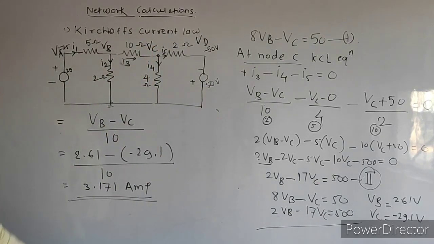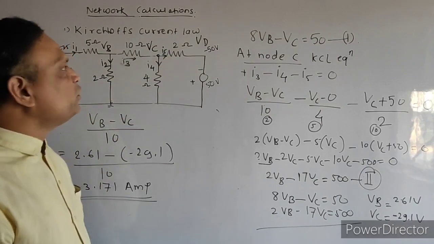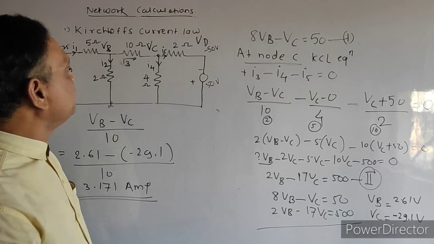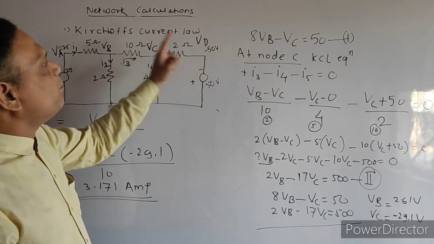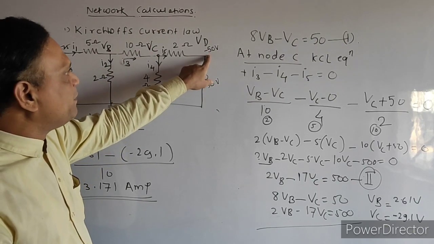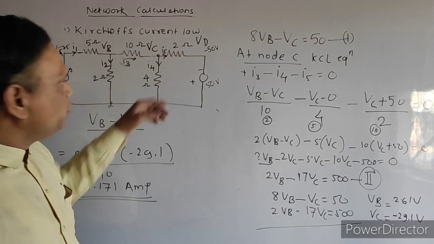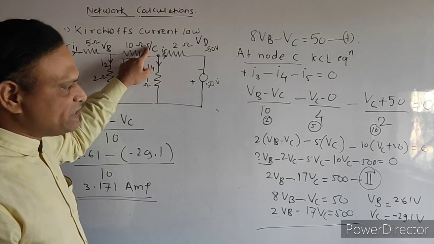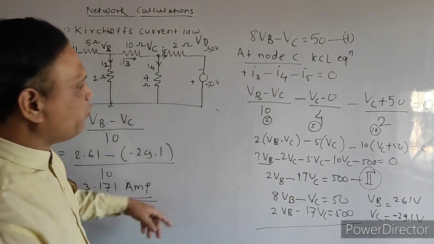Now they may ask you to calculate the current flowing through the 2 ohm resistor. If the 2 ohm resistor is asked, then you can write VC minus of minus 50, which means plus 50, upon 2. You can get the value of this because you know VC, which is minus 29.1.